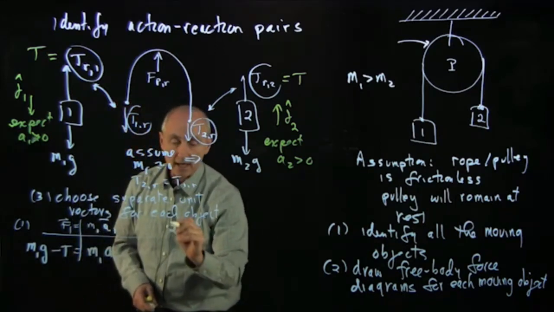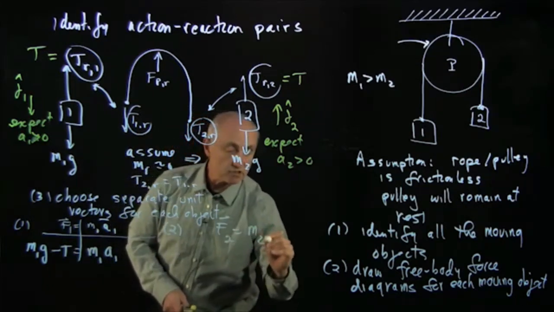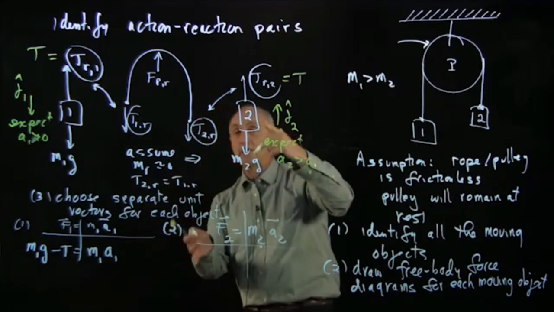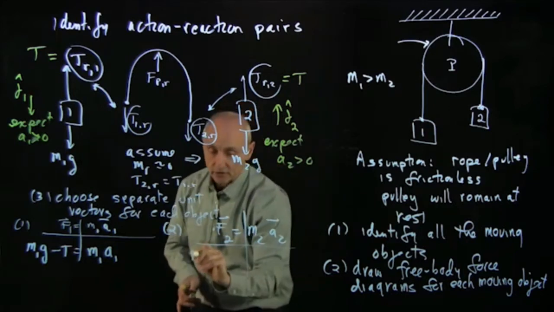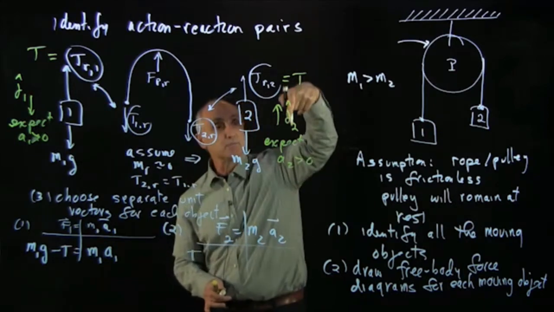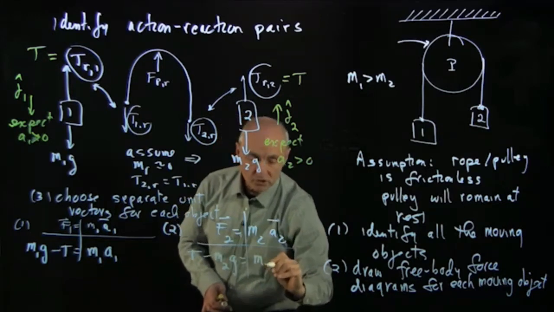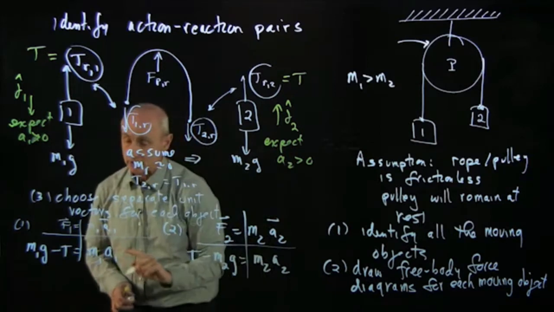And in the same way, on 2, F2 equals m2a2. I look at my force diagram. Now notice, j hat is up, so T is positive. m2g is in the minus direction. So T minus m2g equals m2a2.